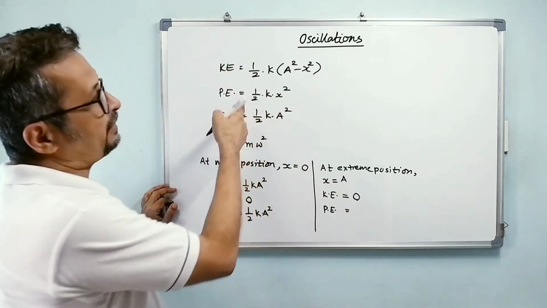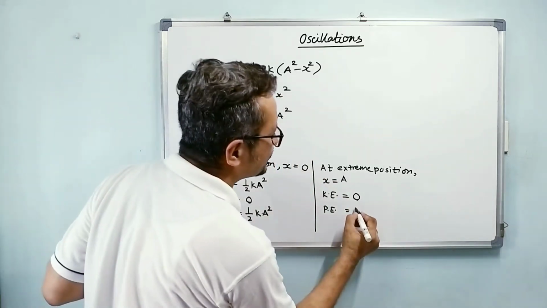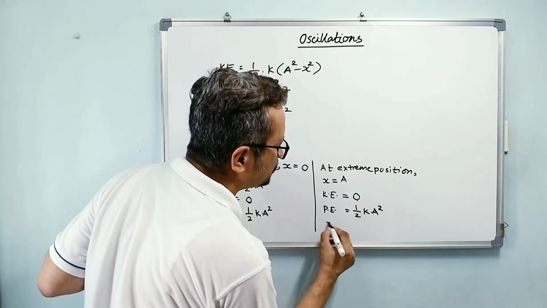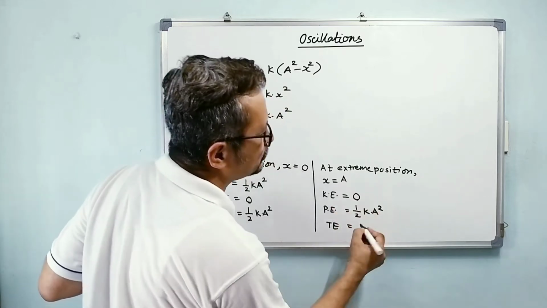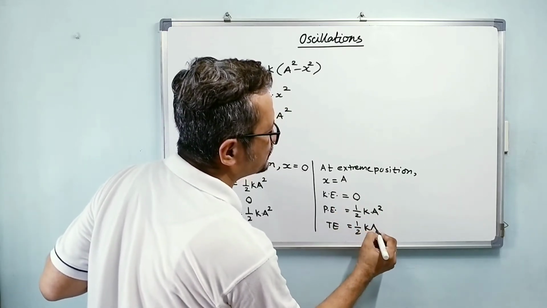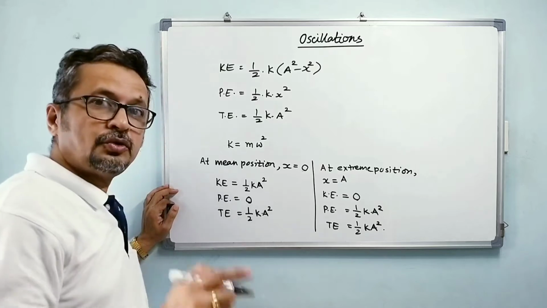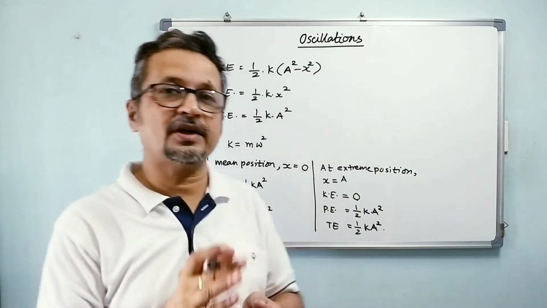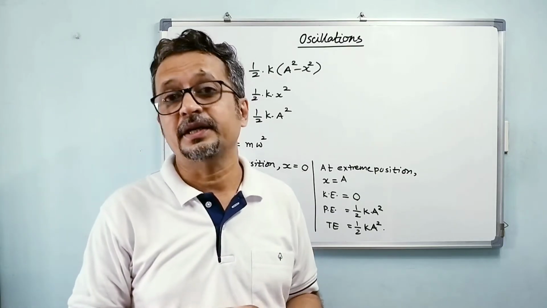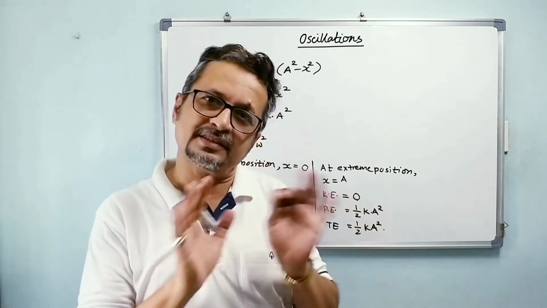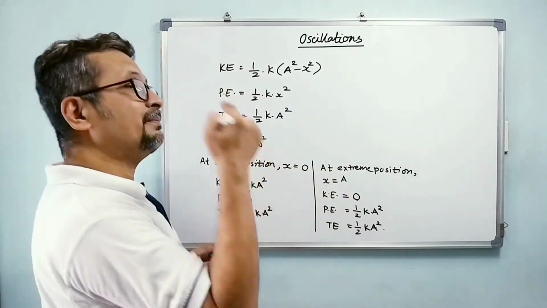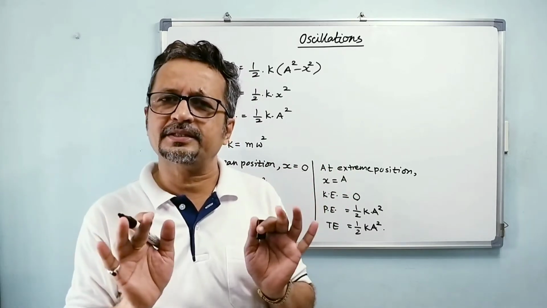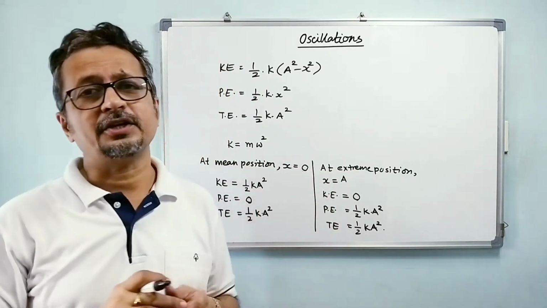It is going to be half k a square, and obviously the total energy is the sum of these two, that is half k a square. So the total energy remains conserved, whether you are at the mean position or the extreme position. If you are at some other intermediate position, again you will get the total energy the same, half k a square.